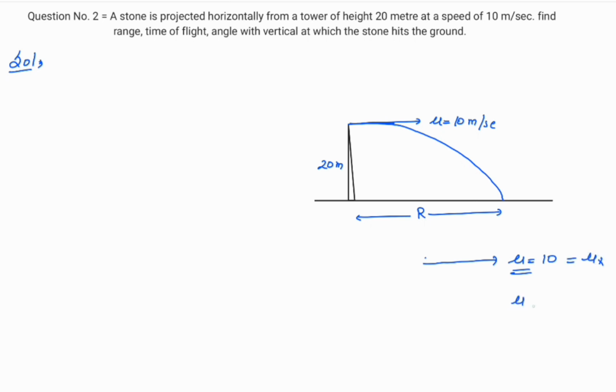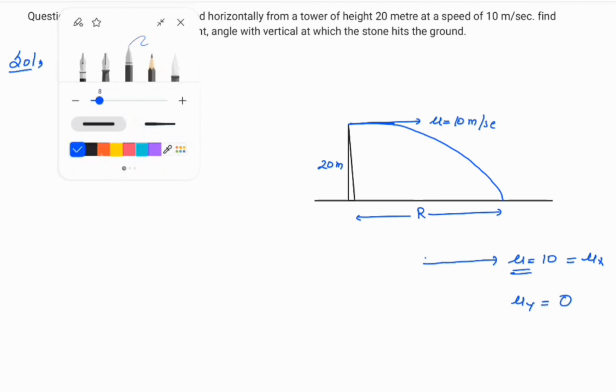What is the u of y? Is there any vertical component present in the velocity at the initial condition? No. u of y is 0 in this case. Always remember, when we are throwing a projectile horizontally, there is only u of x, which is 10. The vertical component of the given velocity is 0. The rest of the thing is going to be the same.